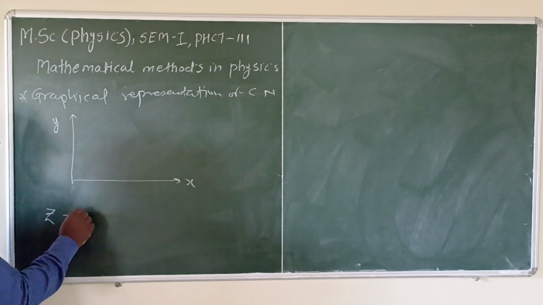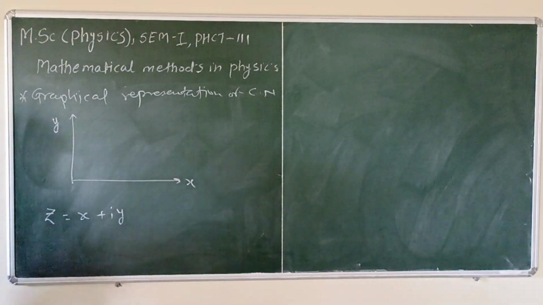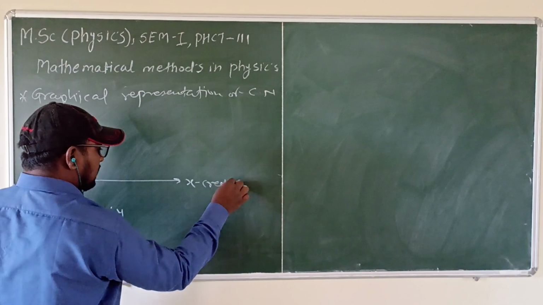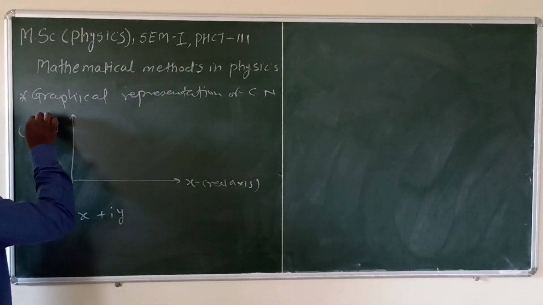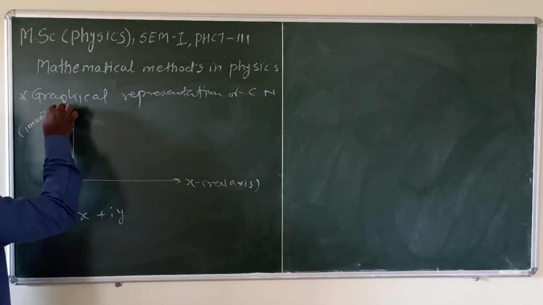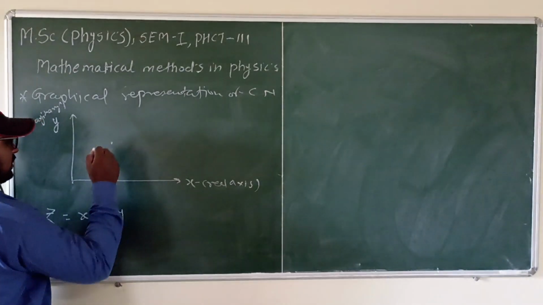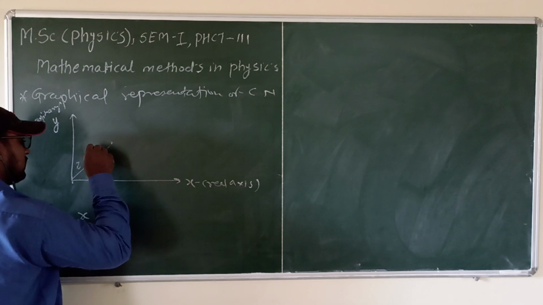For z is equal to x plus iy, we call x the real part of z and y the imaginary part of z. So x is called the real axis, and y is called the imaginary axis. Any complex number z in this complex plane is represented as z is equal to x plus iy.